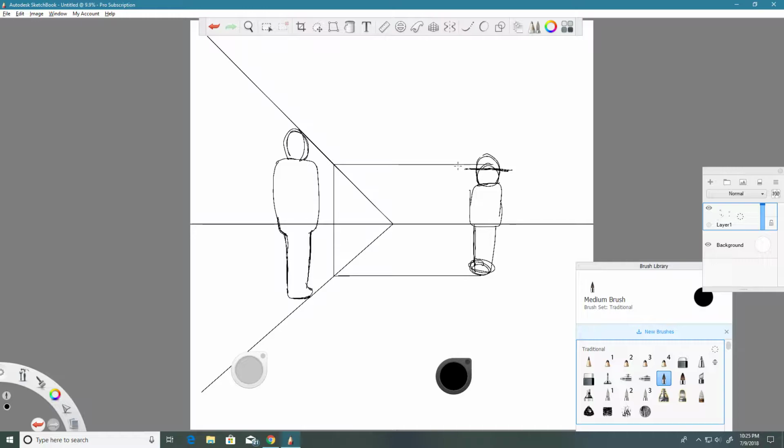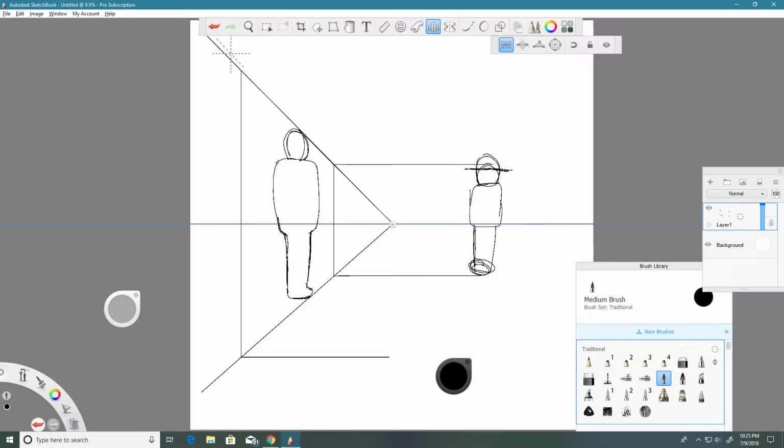And just to show that this does work going larger, let's say we come back behind our original scale person. And just for giggles, let's put him dead center.